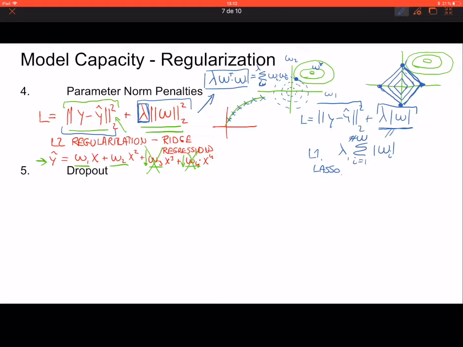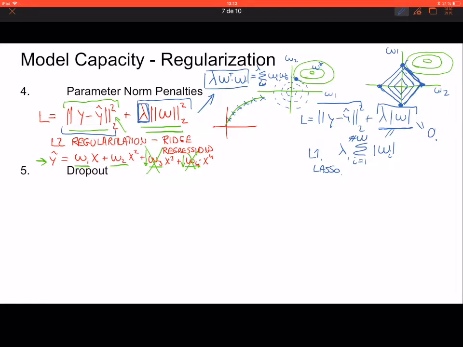So it's very likely that the intersection happens here before it happens at any of these edges, which is good, right? Because if the equilibrium point that we find is at one of these corners, then one of the weights, if these are W1 and W2, will be essentially 0, which is actually pretty good, right?